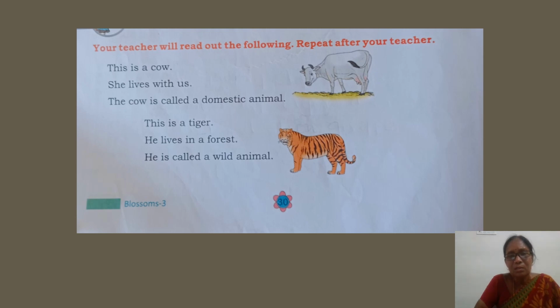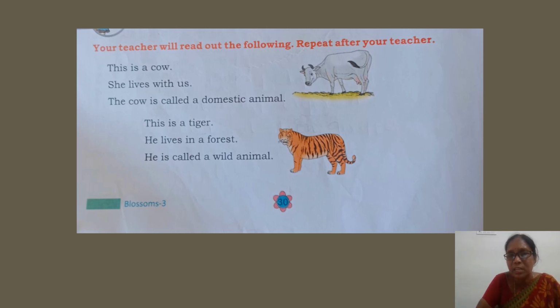Let's move on. Look here. There is a cow and there is a tiger. This is a cow. Where does it live? She lives with us. That is why it's called a domestic animal. Look at the tiger. Where does it live?